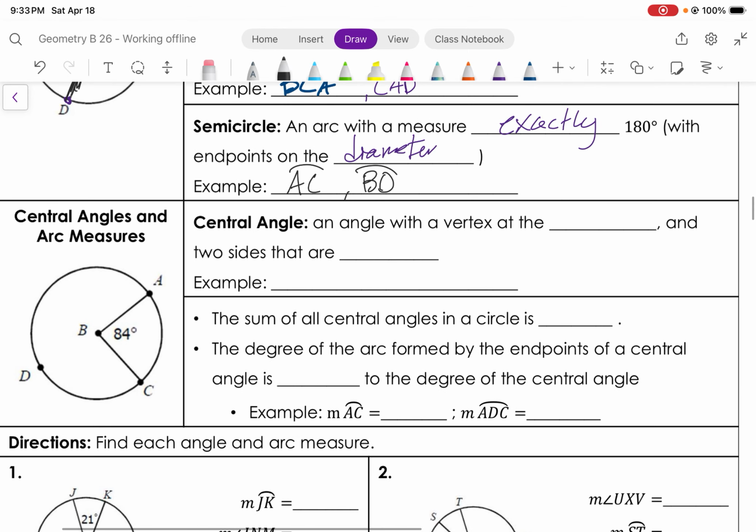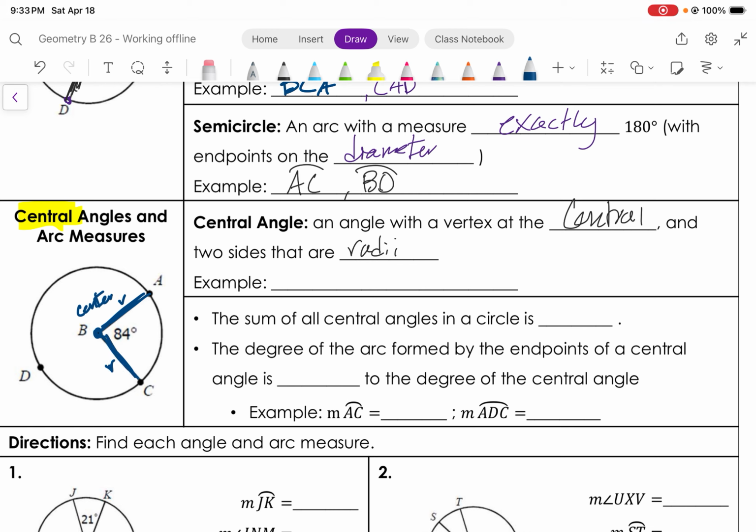Okay, a central angle is, take a wild guess, it is at the center. Hey, I wonder if it's called that on purpose. And it has 2 sides that are the radii of the circle. And so, if we look at our example, we have B right smack in the center. And then we have that AB and BC would be congruent, and they would both be radii.